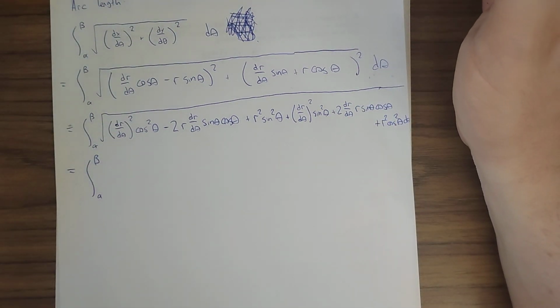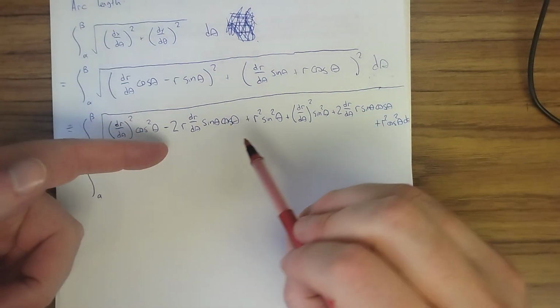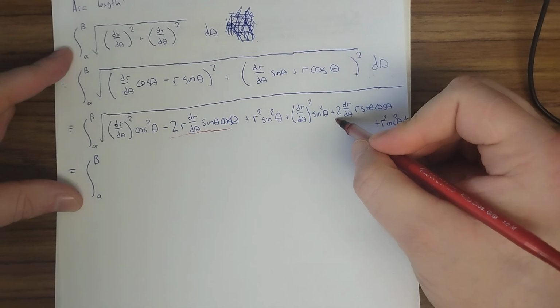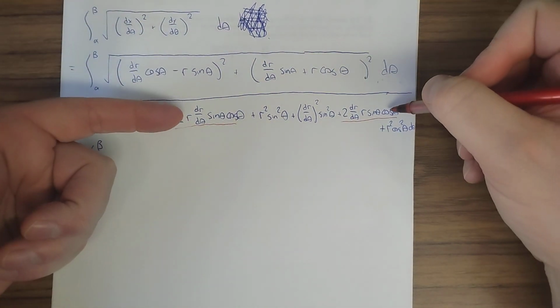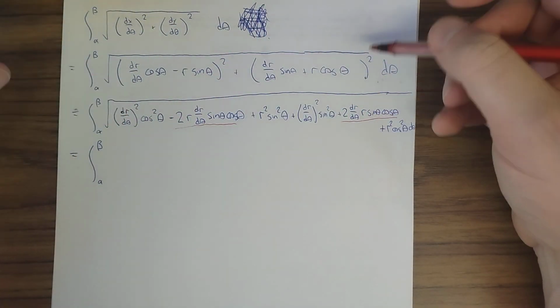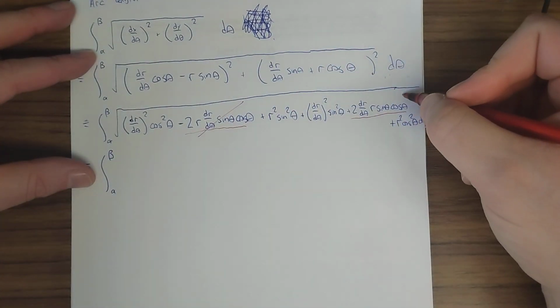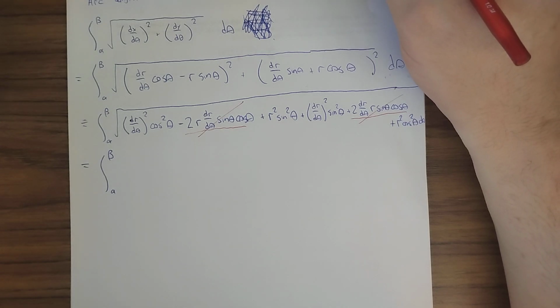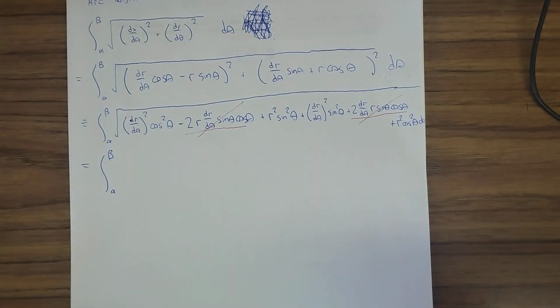Now let's look carefully, because this is going to simplify quite a bit. I have this and this, which are the exact same thing, and one of them's negative and one's positive, so they just go away. Now I'm going to have some sine squared plus cosine squared going on. So let me try to be careful about how I find those.